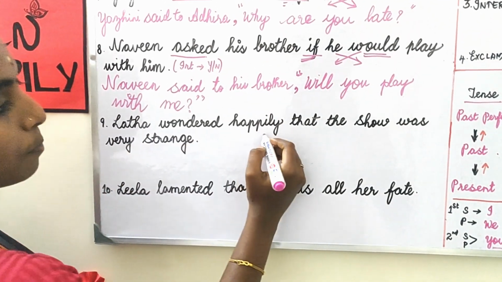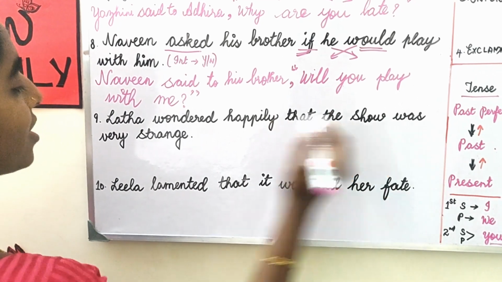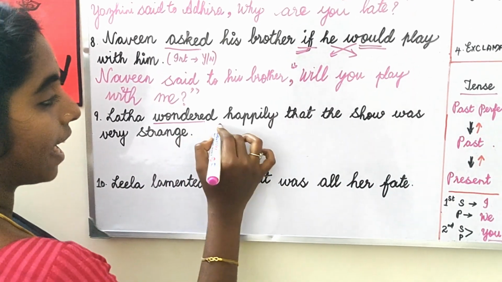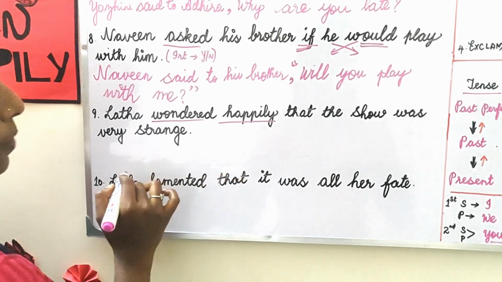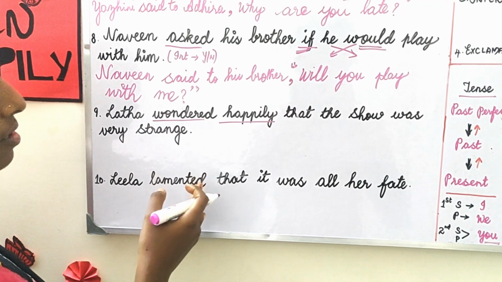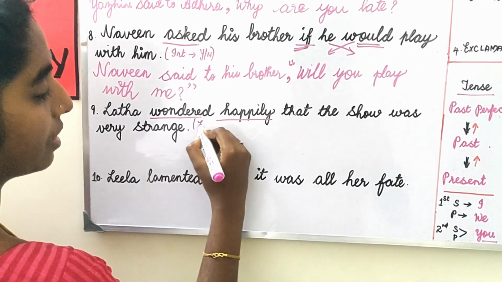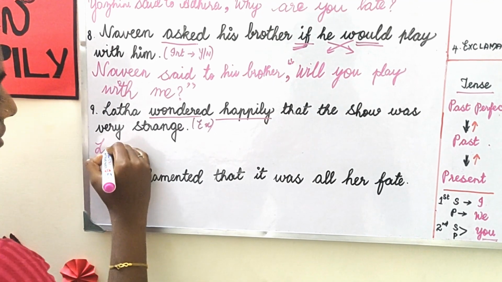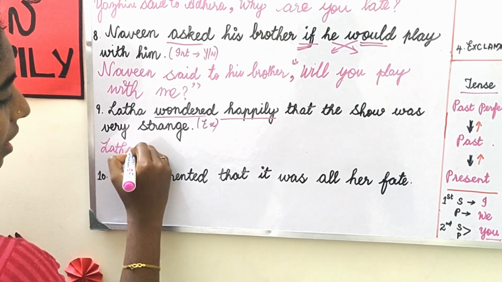Lata wondered happily that the show was very strange. So wondered happily. By these words you could understand what type it is. What's the type? It's exclamatory. Wondered. So how we should change it? Lata.